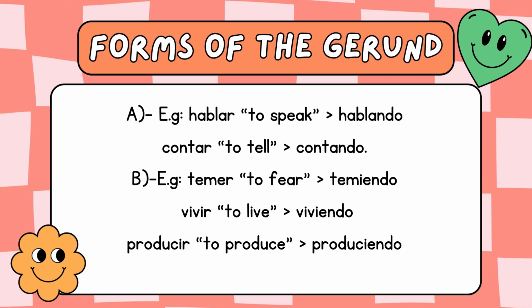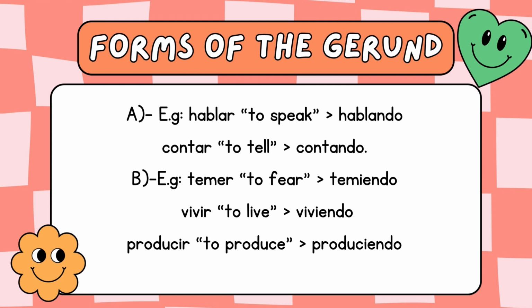Contar, to tell, will become contando. And then those verbs in the infinitive that end with er or ir conjugations will be replaced by the ending yendo. For example, temer, to fear, will become temiendo. Vivir, to live, will become viviendo. And producir, to produce, will become produciendo.